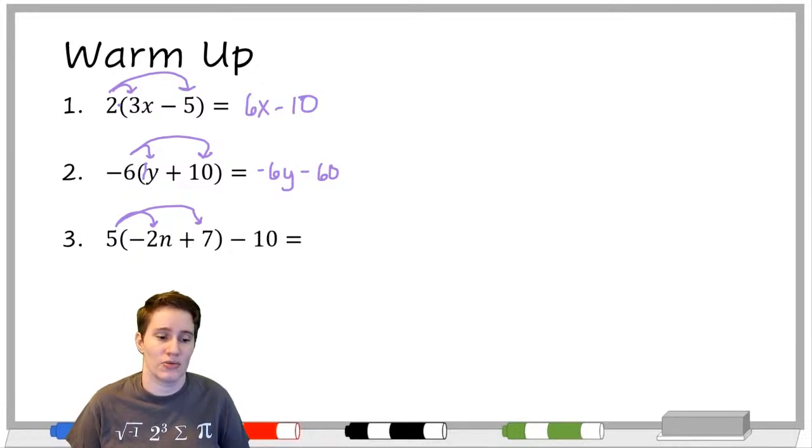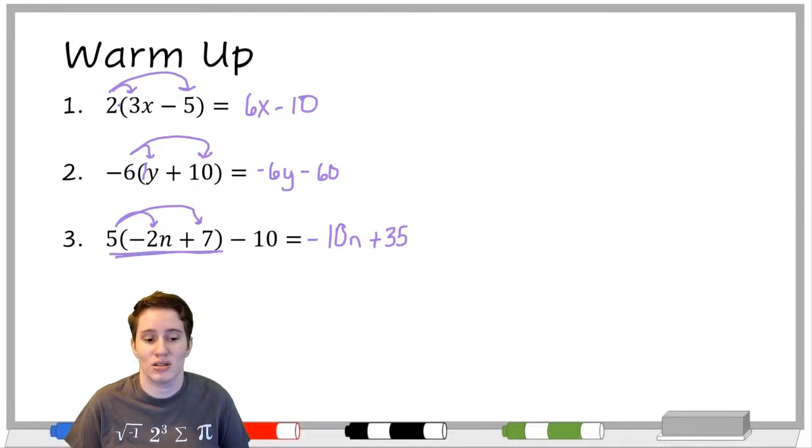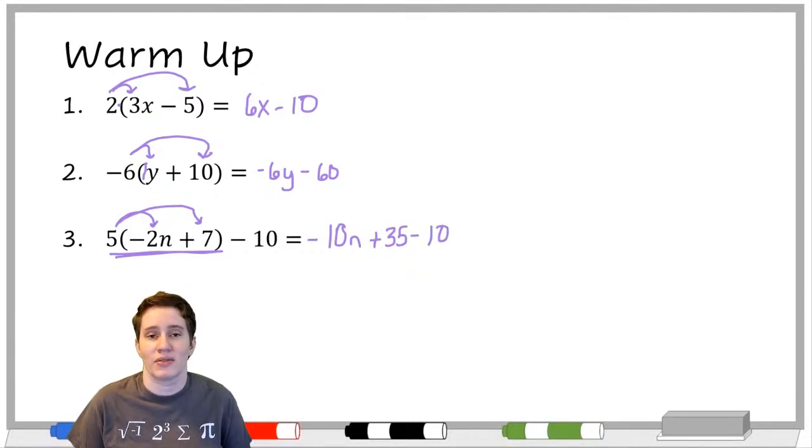So I'm going to do 5 times -2n and get -10n, and then 5 times 7, which is 35. And that's this part right here, so I need to finish by writing the next part, -10. And then I have to ask myself, okay, what can I actually combine here because of like terms?